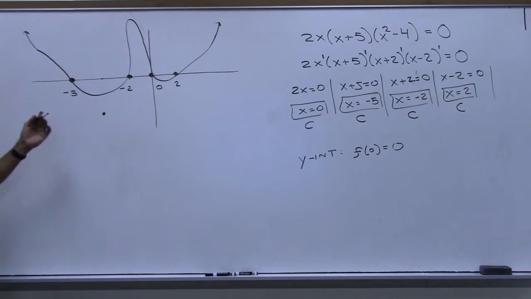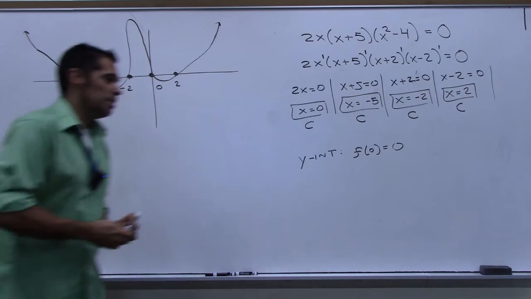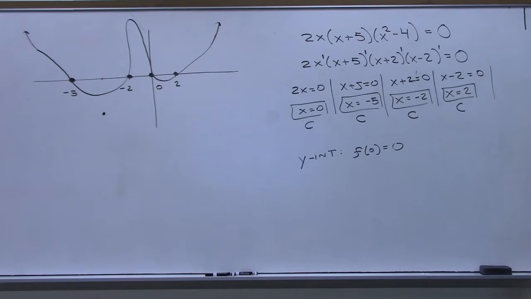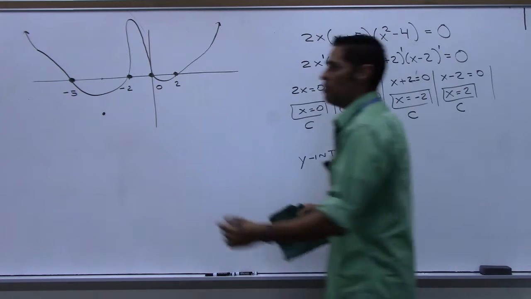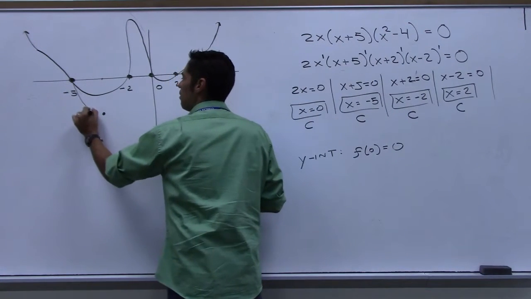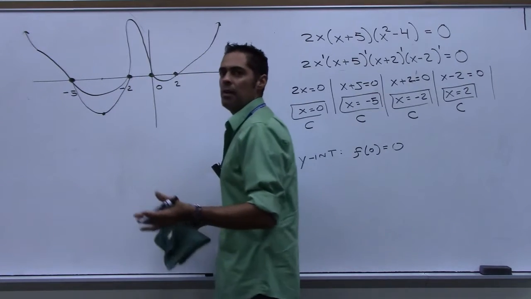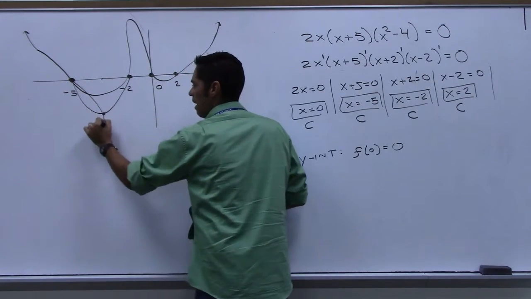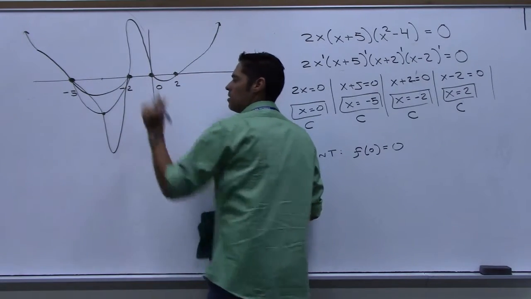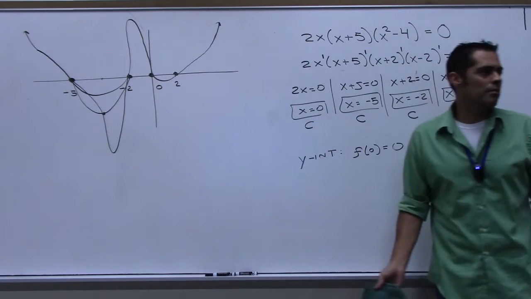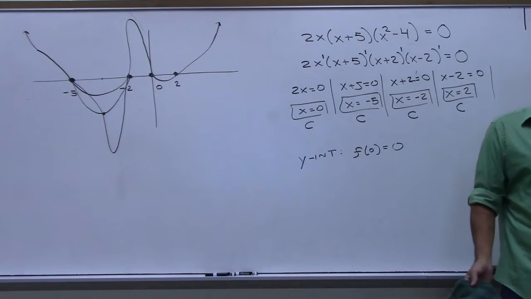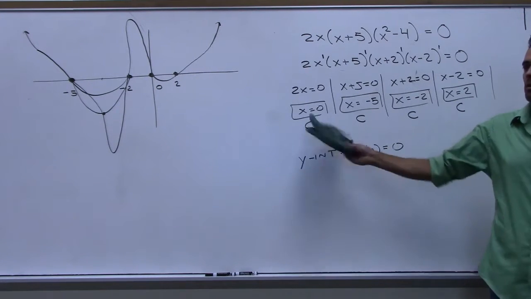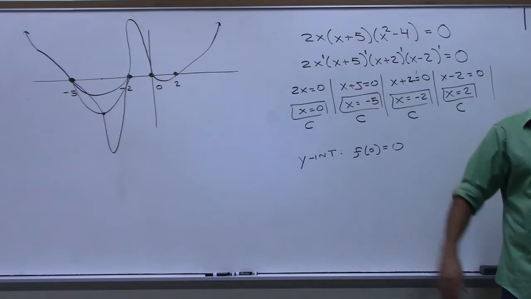The problem with this, and the reason why I don't tell you to do it, is that it does not mean that that's your lowest point. So you may say, okay, well, my graph's better because I know that that point's there, so my graph goes like that. And it could very well not at all do that. It could do something like this, where it goes like that, and then comes back up like that. So just having one additional point, to me, doesn't matter. Am I making sense? So just do what I've been doing. Don't worry about sampling other points.